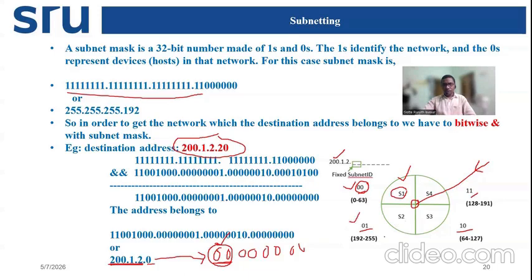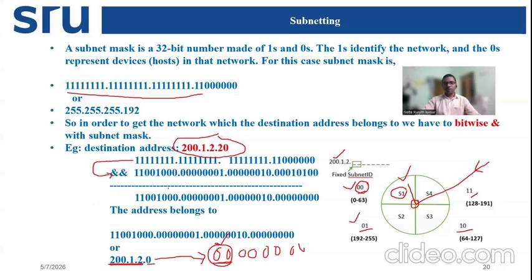Here we got 00, so the router will send the data onto subnetwork S1. In this way, the router finds out on which subnetwork the destination lies by performing a bitwise operation between the subnet mask and the destination address.